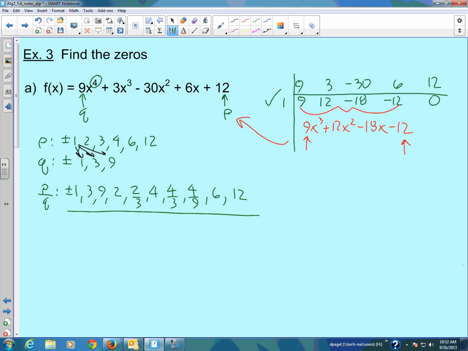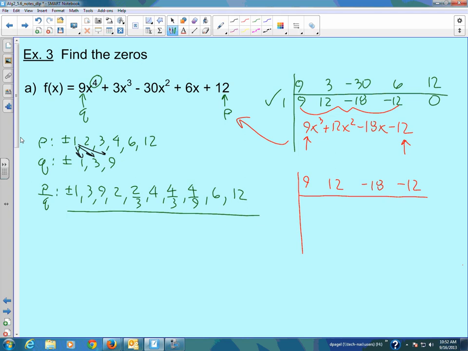Again, that's not always going to be the case, but it happened here. So we set up our new synthetic division problem. 9, 12, negative 18, negative 12. And we're going to go again.